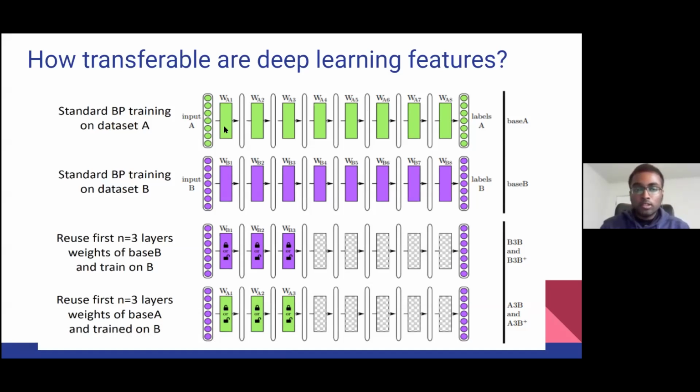Before that, this rectangle means the weights of a particular layer. The ellipsoid means the activations for a particular layer. Dataset A and dataset B are 2 datasets, essentially halves of ImageNet. Dataset A is the first half, and dataset B is the second half, and the model is an image classification network.